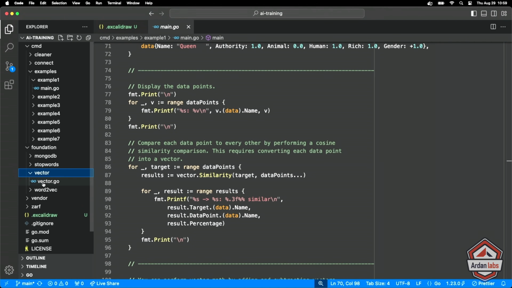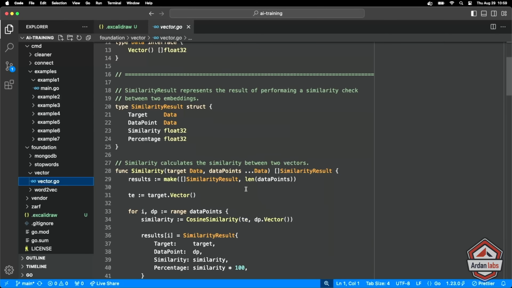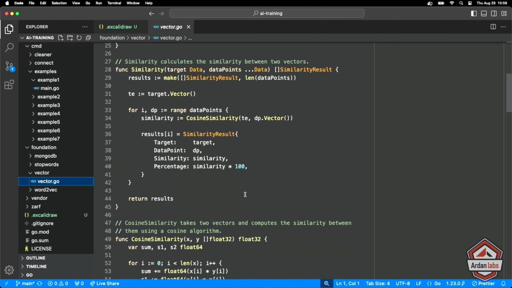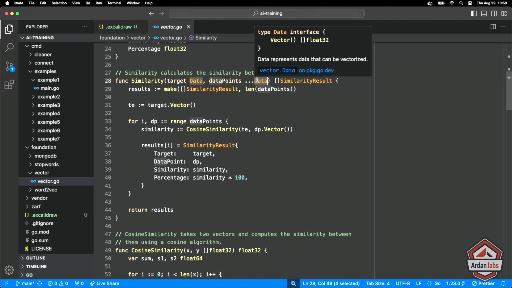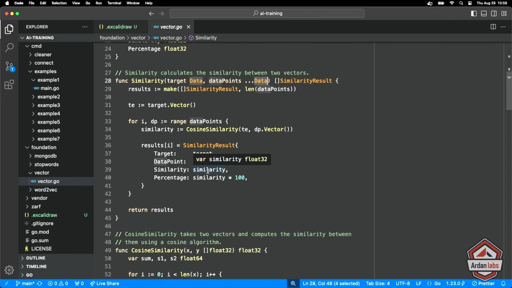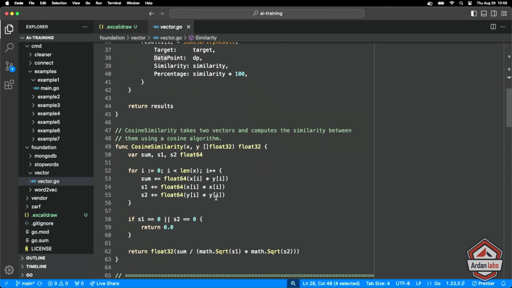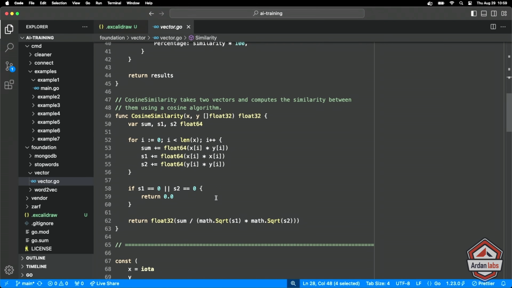So if I go to our vector package here under foundation, where that similarity function is, you'll be able to come in here and see that what we're doing is a cosine similarity call here. So given a target data and a set of data points, this function is going to return a similarity score and a similarity percentage for each one of them, using that algorithm right there.